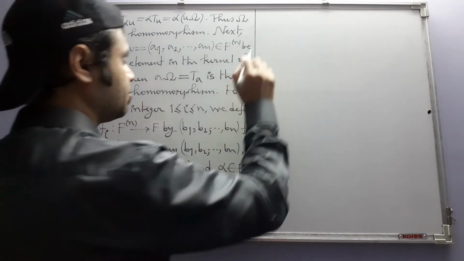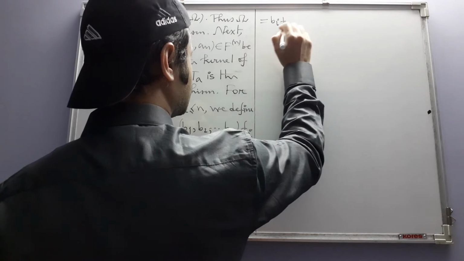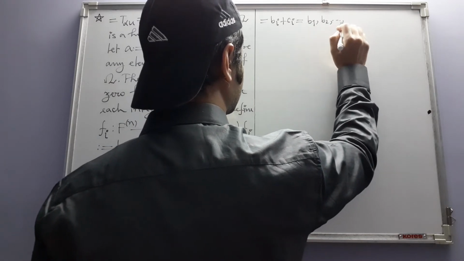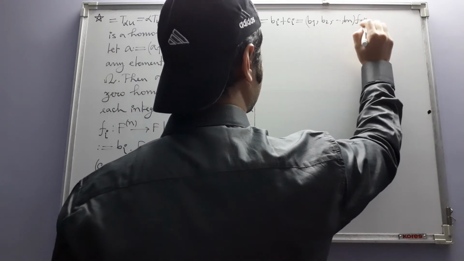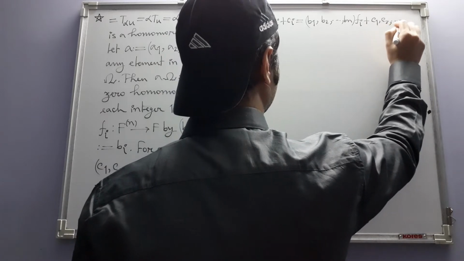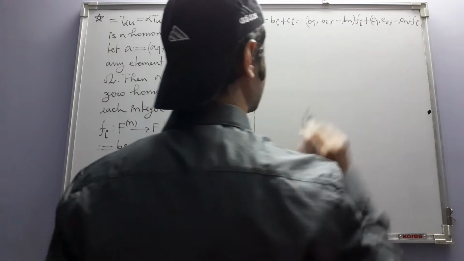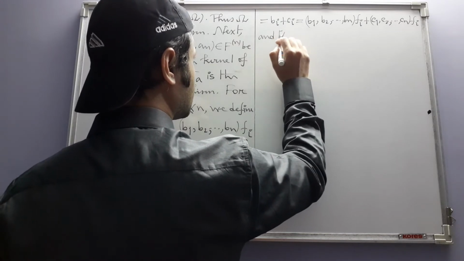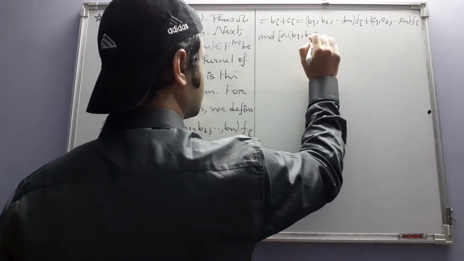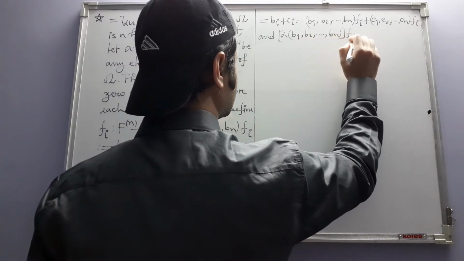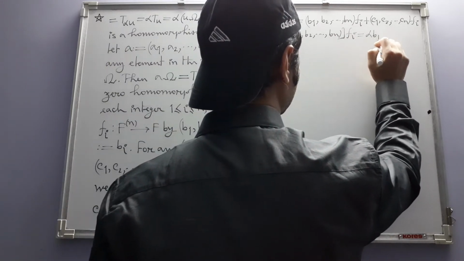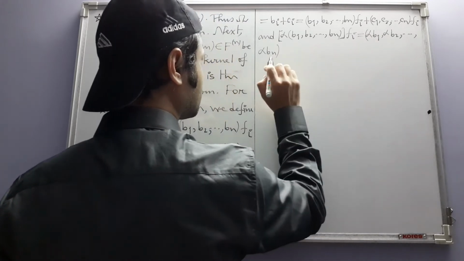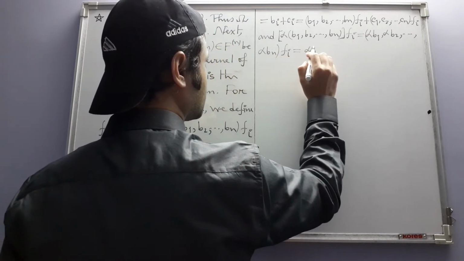Now this, by the definition of Fi, is bi plus ci. Now bi itself is the Fi image of the first vector and ci is the Fi image of the second vector. So Fi respects addition, and just like that, alpha times this under Fi gives alpha bi.